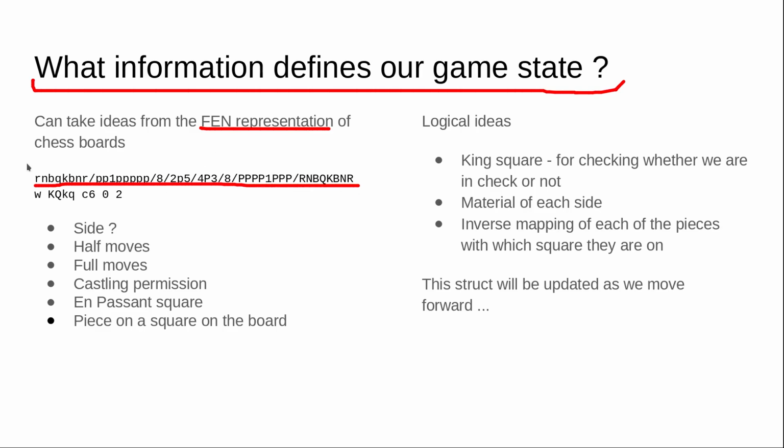So we would be representing the black pieces with lowercase and the white pieces with uppercase. The numbers that you are seeing on the screen represent the empty squares, and these slashes represent the end of a particular row.